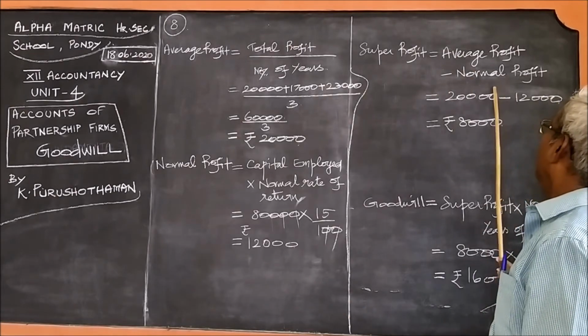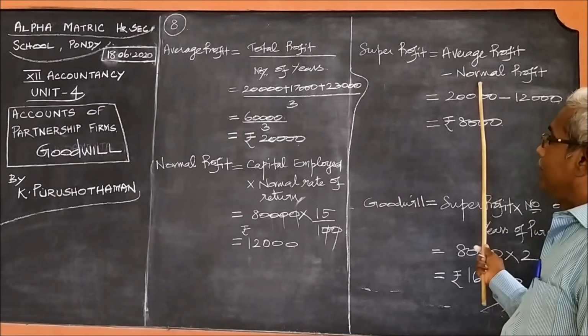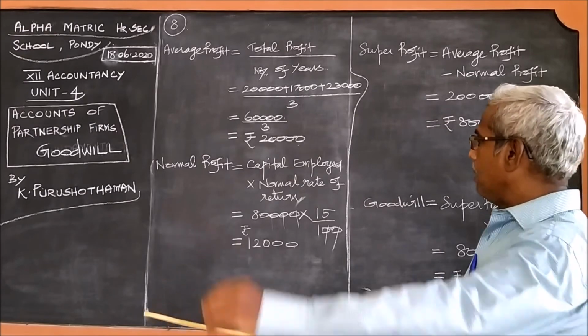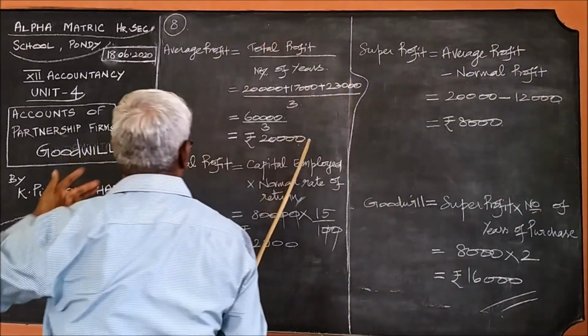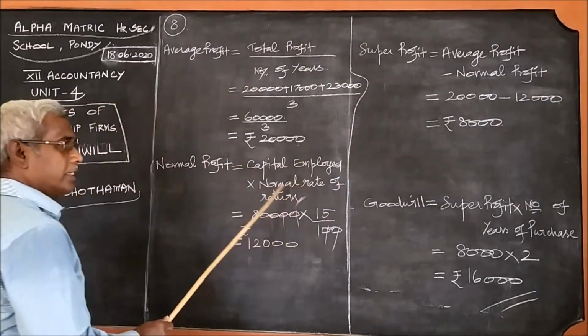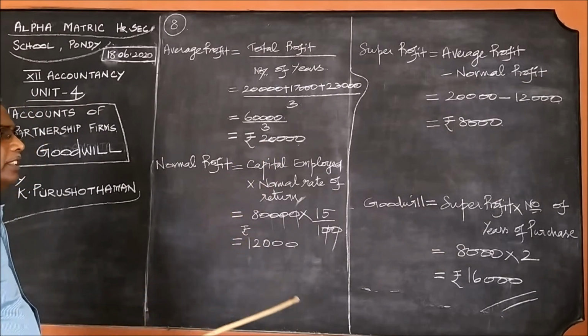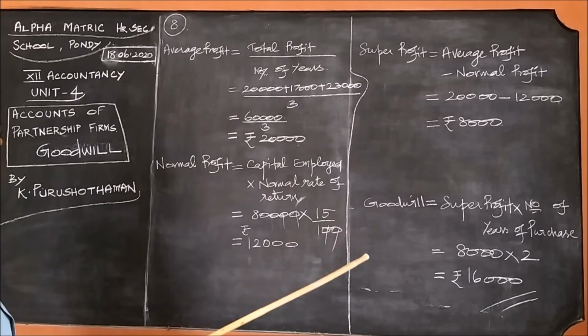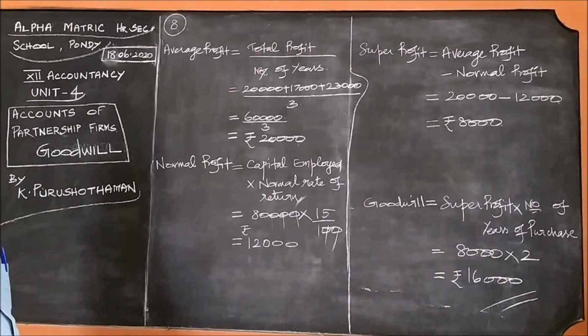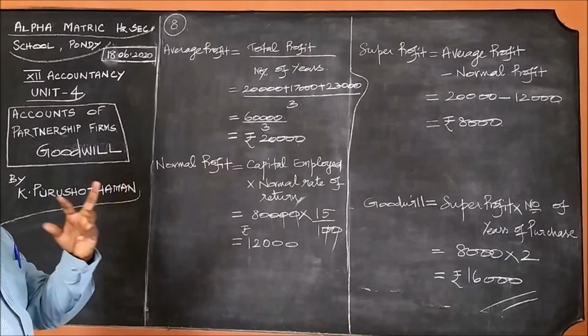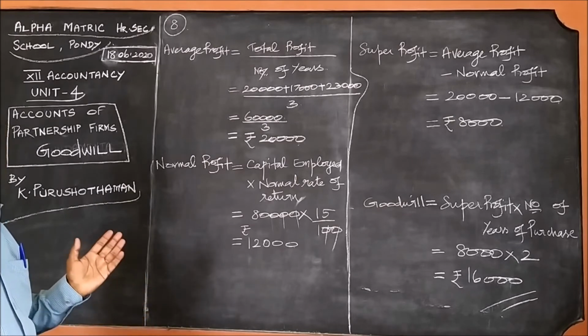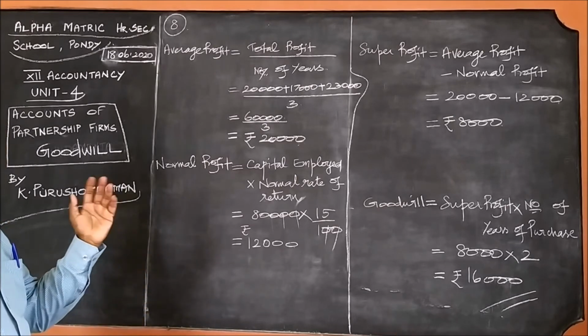Then the next term we require is normal profit. Normal profit is capital employed into normal rate of return. In the previous problem, the capital was not given straight away. There the assets and liabilities were given, so to find the capital, we did assets minus liabilities.